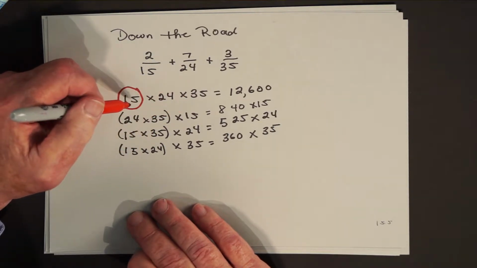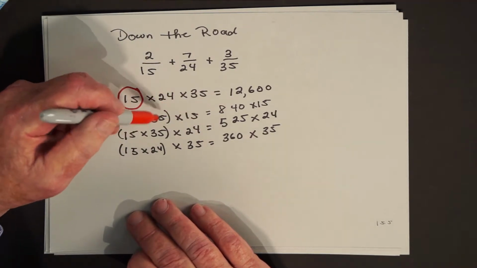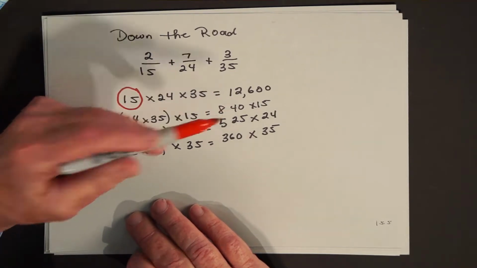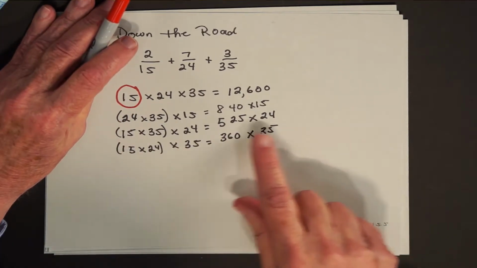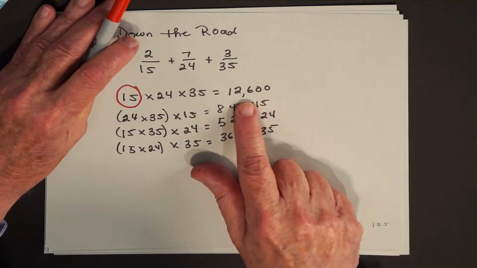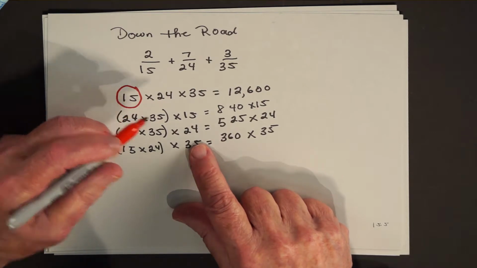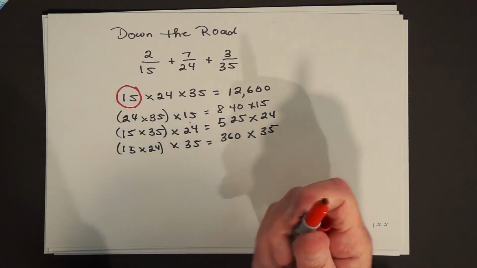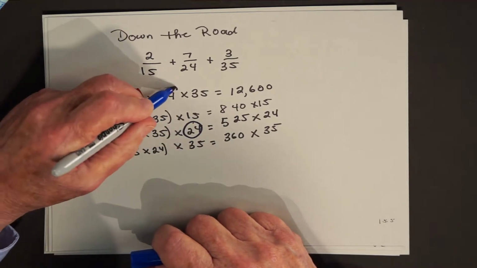So what do you have to multiply 15 by to get 12,600? 24 times 35, which happens to be 840. This says if you were listing the multiples of 15, you'd have to go out 840 places before you got to 12,600. In a similar way, if you want to see how far you have to go if you're dealing with 24.